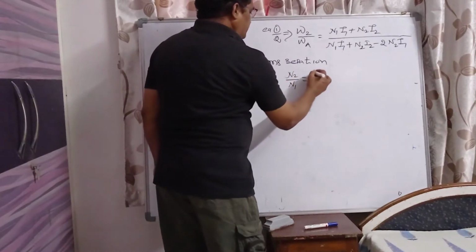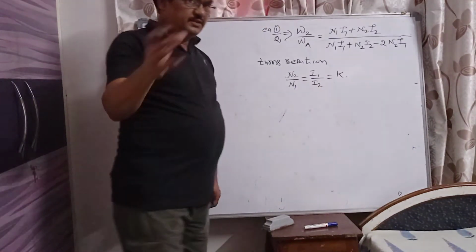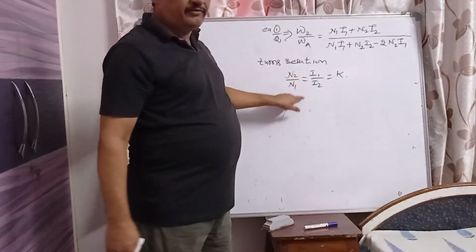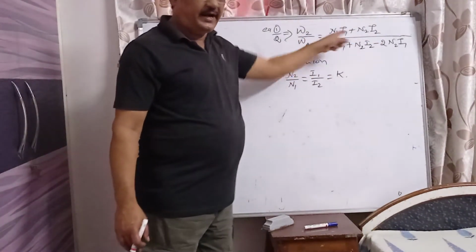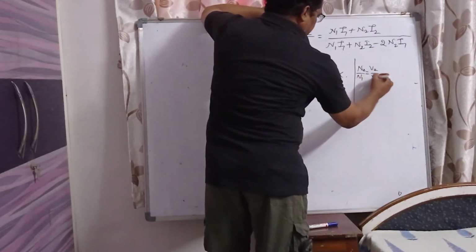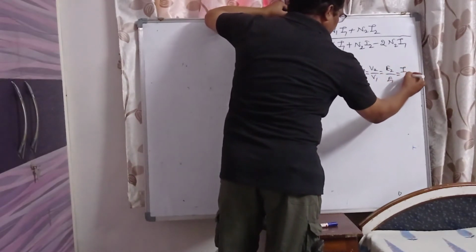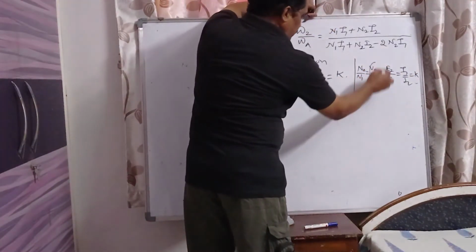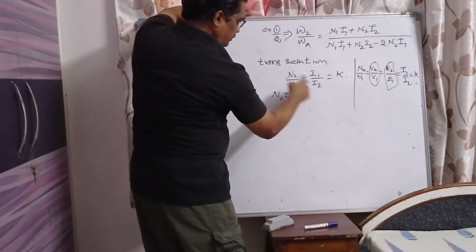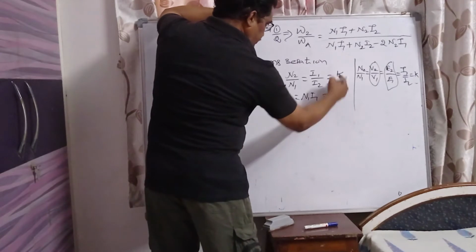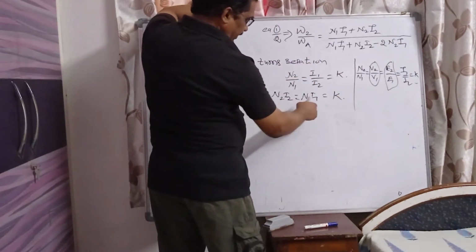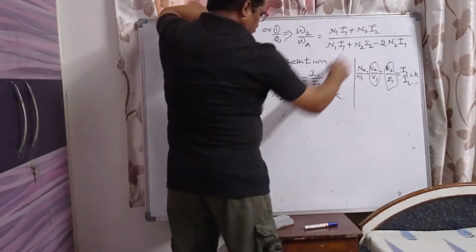N2 by N1 is equal to V2 by V1 is equal to E2 by E1 is equal to I1 by I2 is equal to K. Now I have not written V2 by V1 and E2 by E1 because we are concerned with N and I. So N2 by N1 is equal to I1 by I2 is equal to K. If we cross multiply it, N2 into I2 will be equal to N1 into I1 is equal to K. So N1 I1 is equal to K, N2 I2 is equal to K.